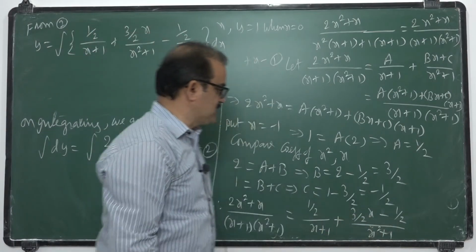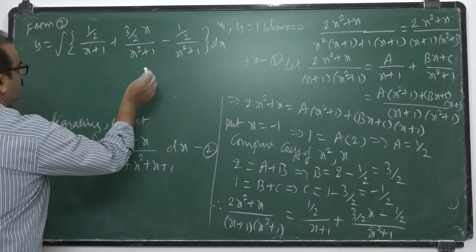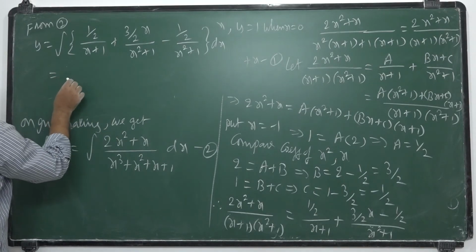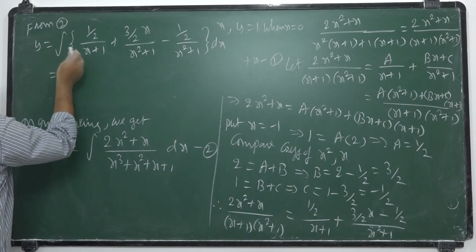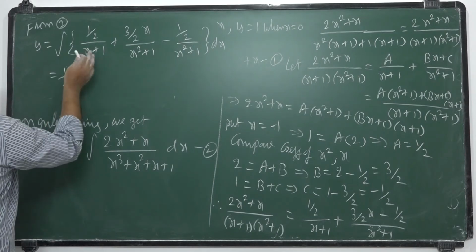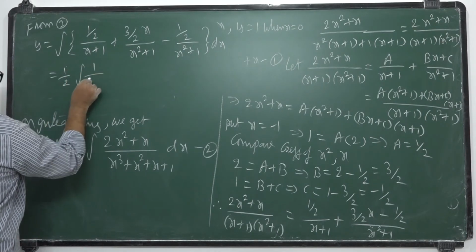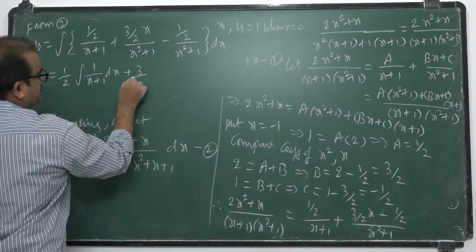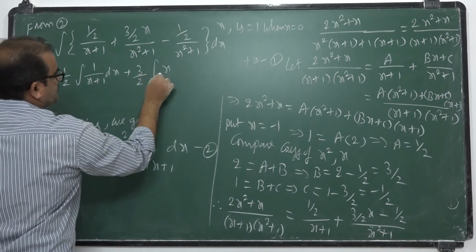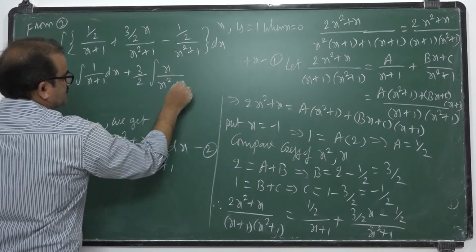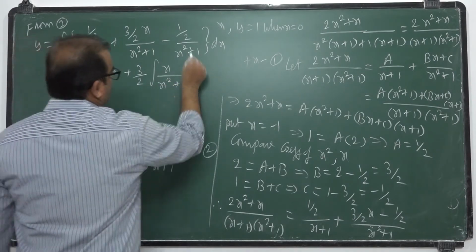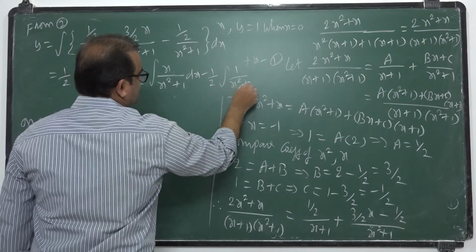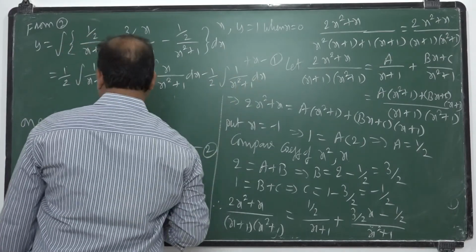Separate this into two parts. Now integrate. Take the constants, separate the integration. Integral 1 by x plus 1 dx, 3 by 2 constant, integral x by x square plus 1 dx, 1 by 2 constant, integral 1 by x square plus 1 into dx.